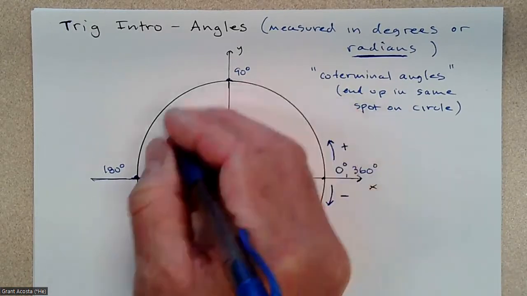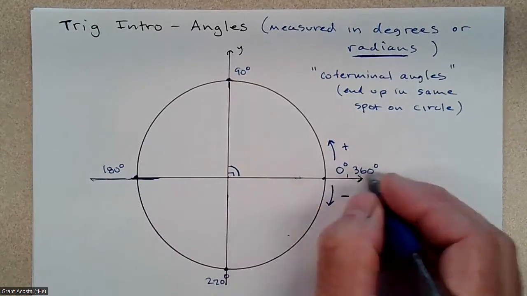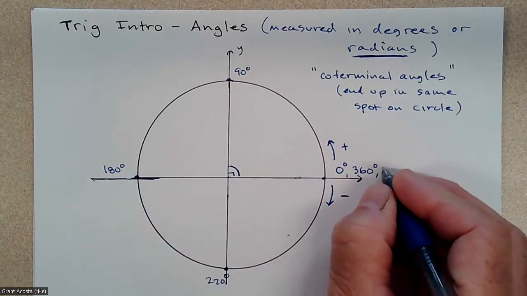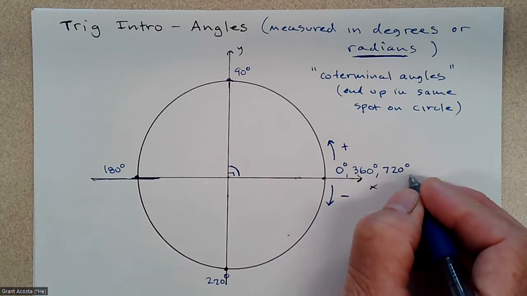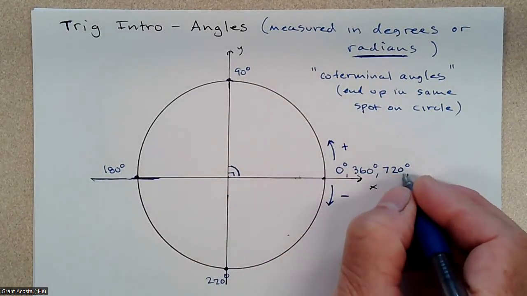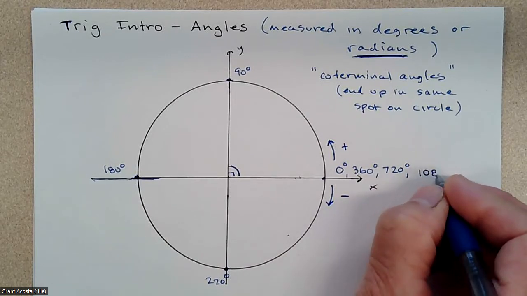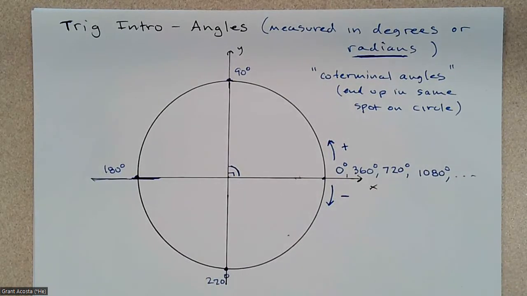So if one trip around the circle is 360 degrees, then 2 full trips around the circle would be 720 degrees, twice 360. If you went around 3 times, add another 360 to that, you get 1080 degrees and so forth. You can go around the circle as many times as you want, but you can start to see the angles get very big every time you do that.